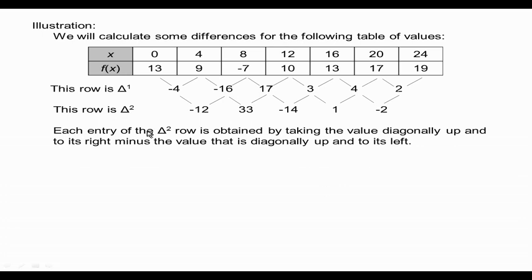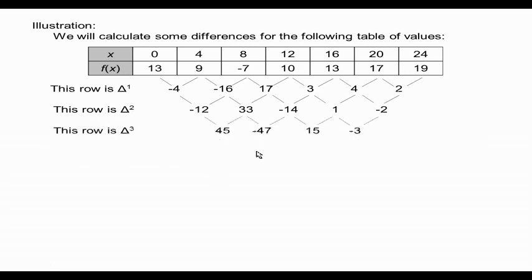From this row, if I calculate their differences, I will have delta 3. So these are going to be my third differences. So 33 minus negative 12 is 45. Negative 14 minus 33 is negative 47. 1 minus negative 14 is 15. And negative 2 minus 1 is negative 3. Again, notice fewer numbers. And again, it's right minus left.